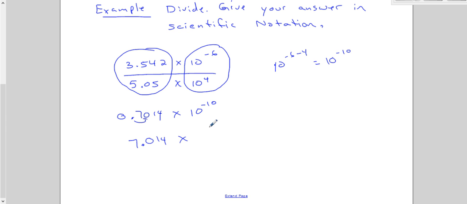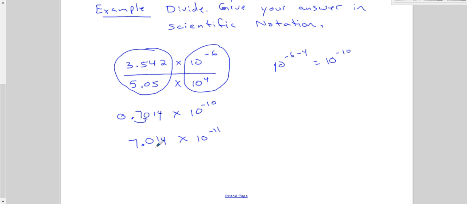Okay. Now I have to think about how my original value of 0.7014 is actually smaller than what I'm going to write of 7.014. So I need to accommodate for that because the actual value is smaller. So I need to make this smaller or bigger, nope, smaller, to be negative 11.